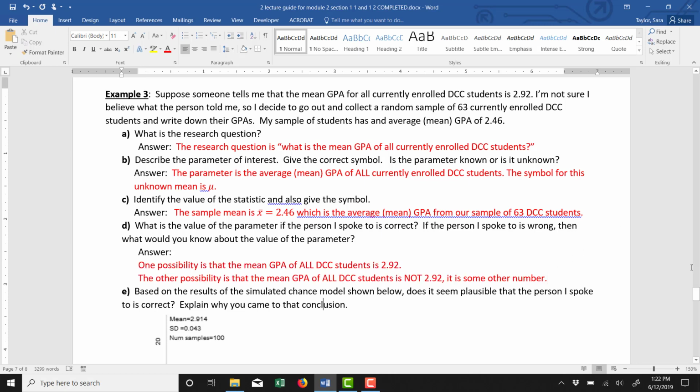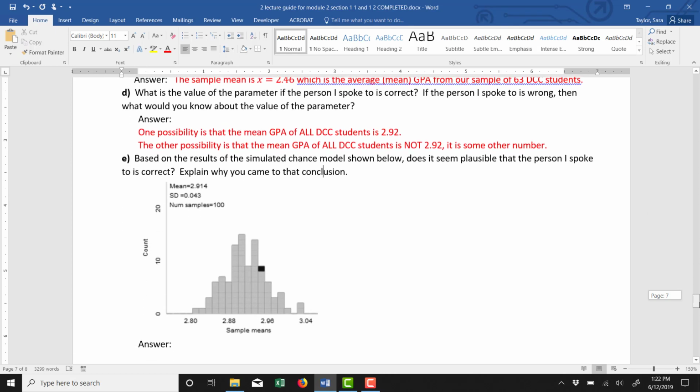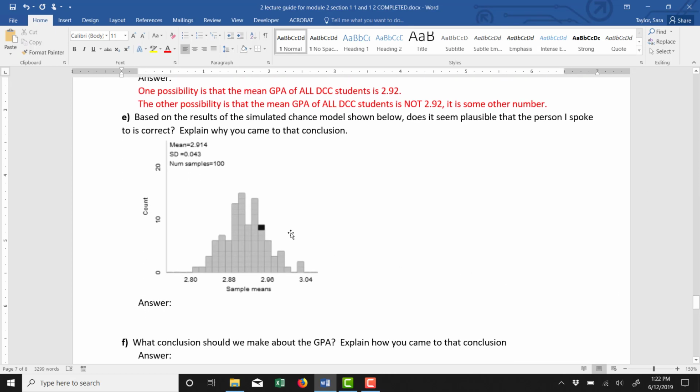All right, and in Part E, you're given a chance model that shows the expected statistics that we would get if we assume that the mean GPA of all DCC students is actually 2.92. Notice that this chance model is centered around approximately 2.92, the value we're hypothesizing for the parameter.